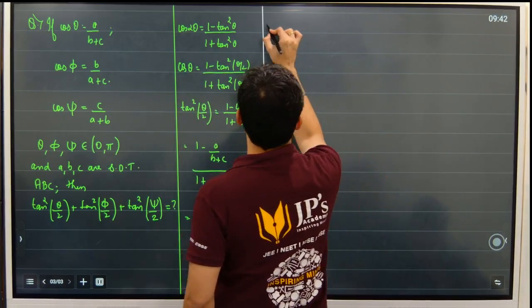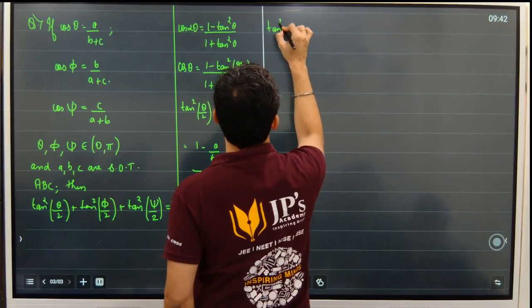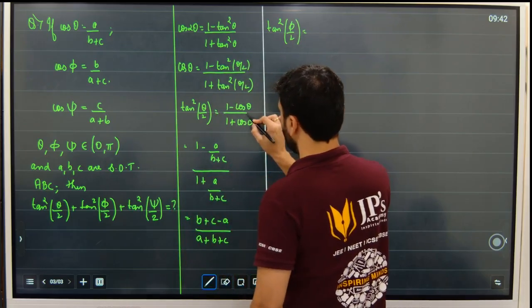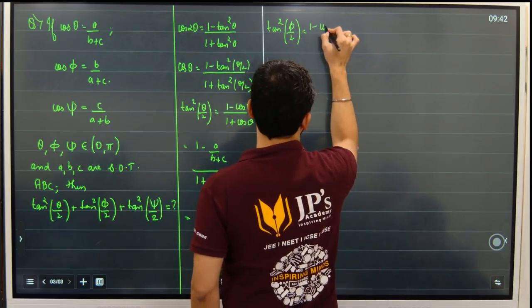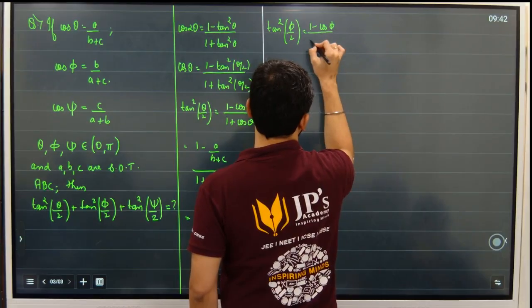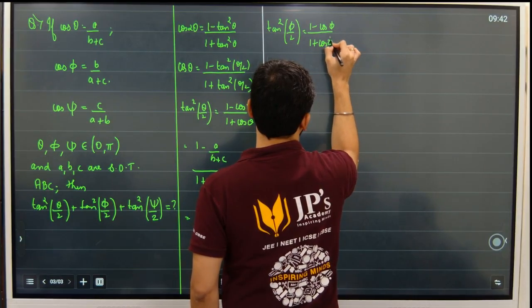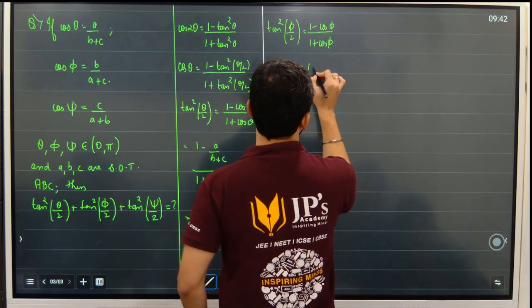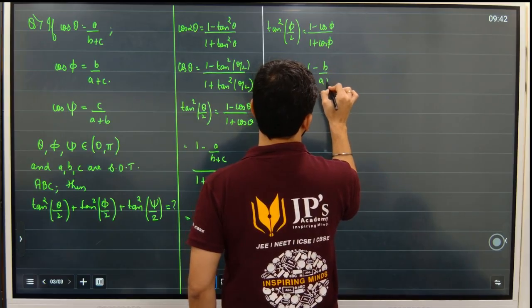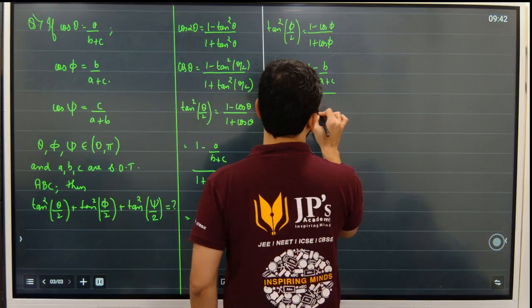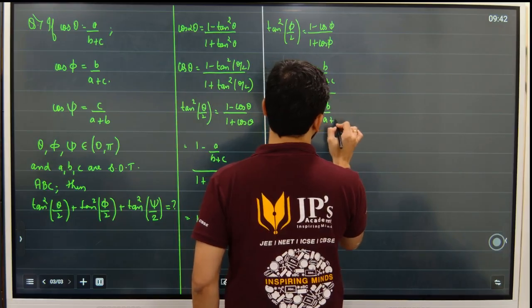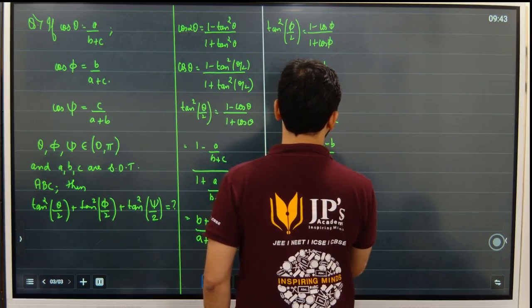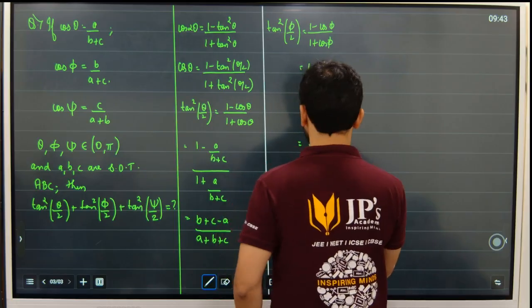So again, tan square phi by 2 will become 1 minus cos phi upon 1 plus cos phi, which is equal to 1 minus B upon A plus C upon 1 plus B upon A plus C, which is equal to A plus C minus B upon A plus B plus C.